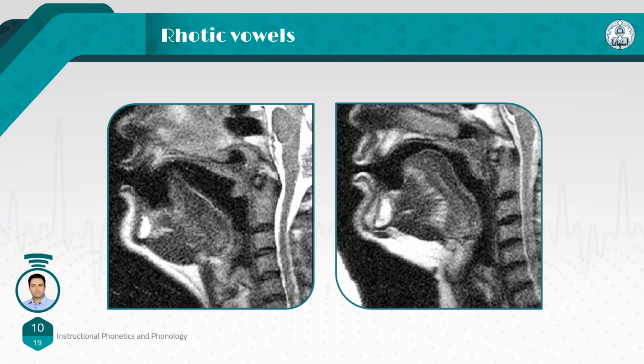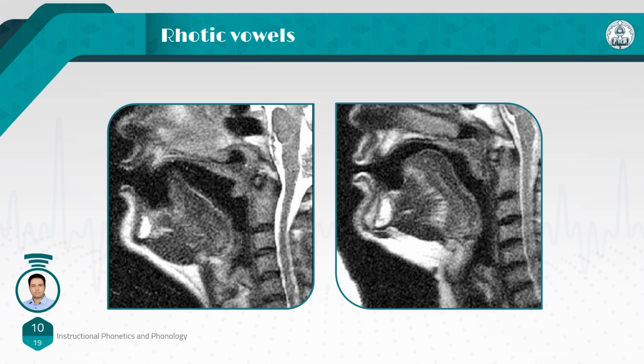Others, such as the speakers in the bottom plan on the right side, keep the tip down and produce a high bunched tongue position. If you pay attention, you can see that the tongue is high and it is bunched. These two gestures produce a very similar auditory effect.